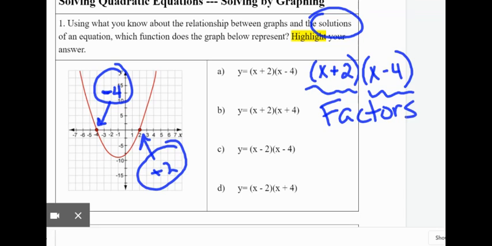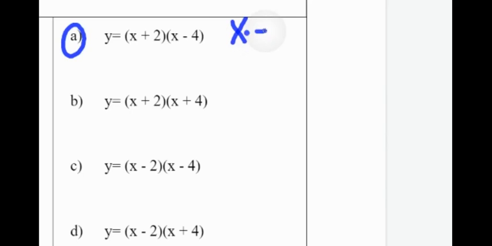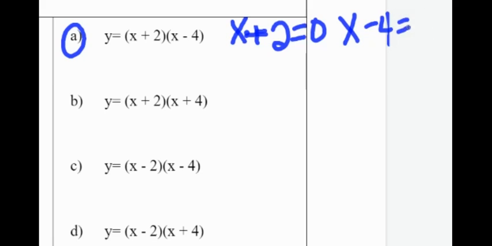Okay, so first I'm going to show you how to do this algebraically, and then we're going to go over to the graph, and I'm going to show you what it looks like. Once again, remember, we are looking for the answers x equals -4 and x equals +2. Now I'm going to look at the first one right here, A, and I'm going to split it up into two equations. X plus 2 equals 0 and x minus 4 equals 0.